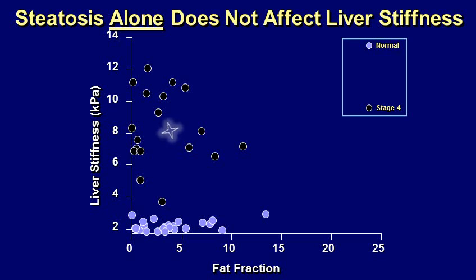You can see that in patients with advanced disease, there's no relationship between liver stiffness and fat fraction, which ranges here from 0 to nearly 12% or so. Similarly, in patients who have no history of liver disease, shown in blue here, there's a wide range of fat fractions, but there's no correlation with liver stiffness.